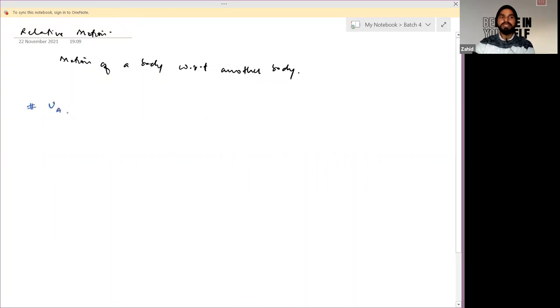Velocity of any object, let's say A, with respect to its own self would be zero always. It means velocity of an individual with respect to its own self will always be zero. Velocity of A with respect to B equals velocity of B with respect to A. These two would be in opposite direction, so there will be a negative sign in between.